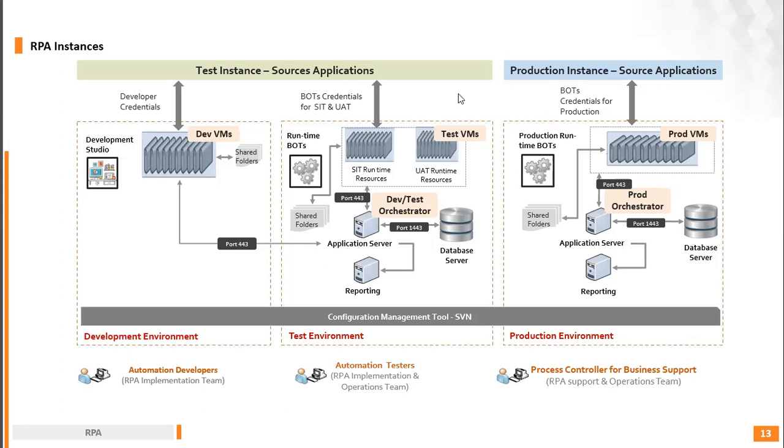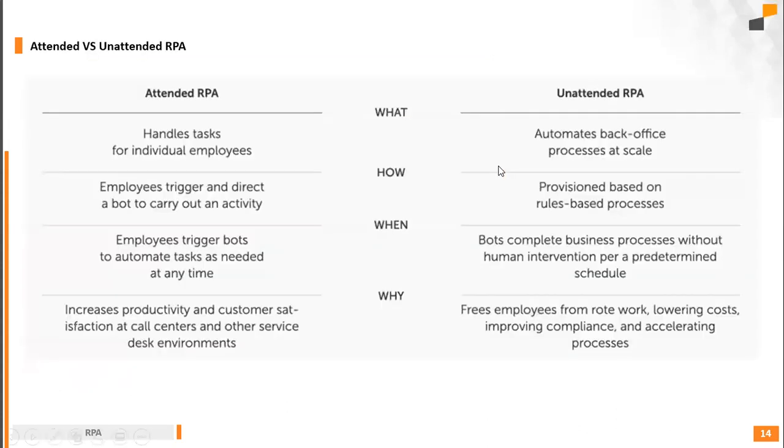All right. So this is what we talked about, right? So this is very important. In RPA, we have something called attended and unattended RPA. So how will you note it down?